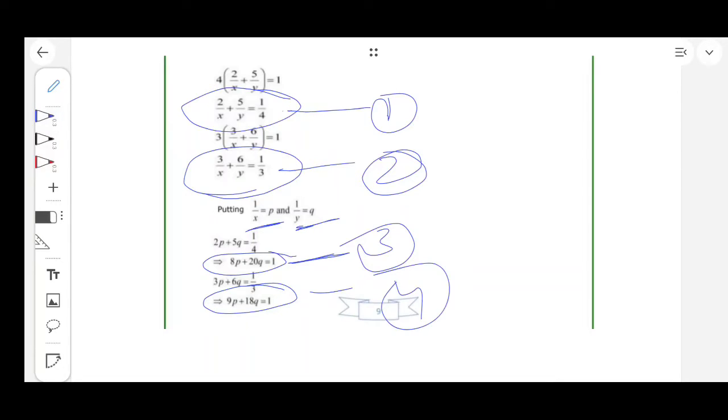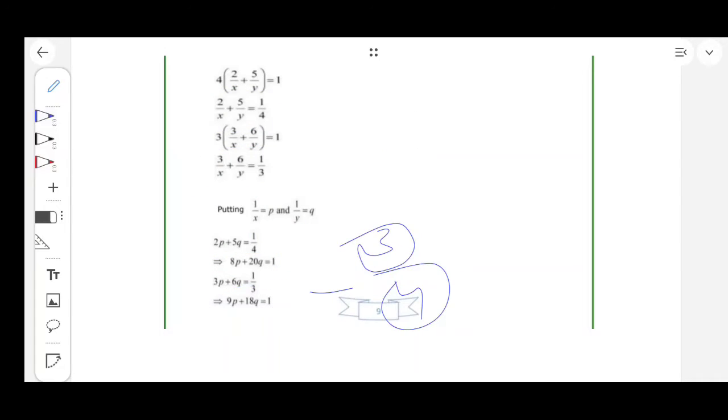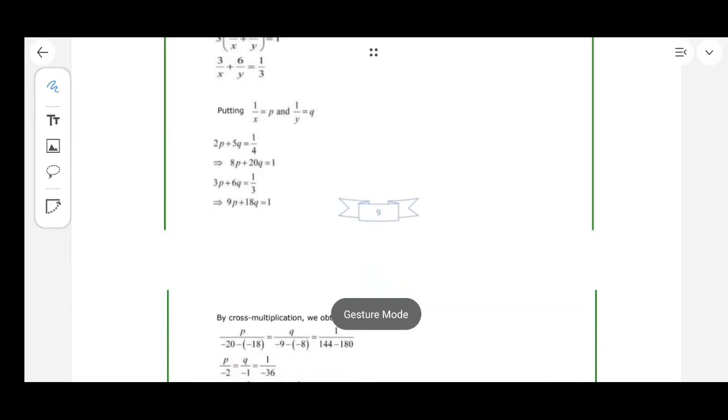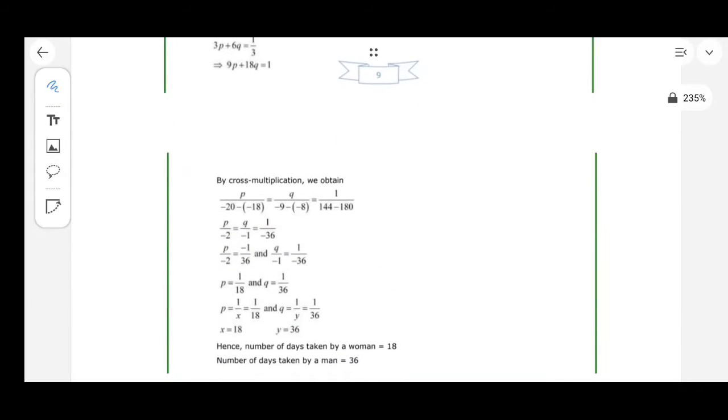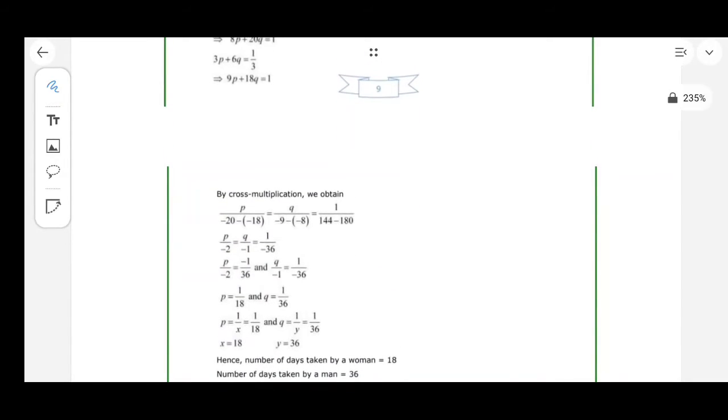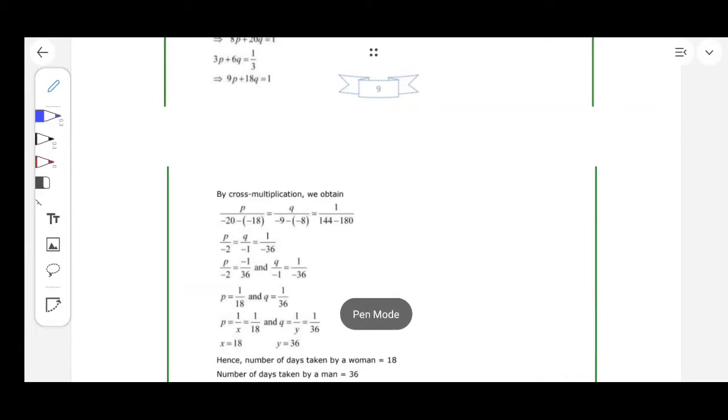Now we can solve these equations using different methods. Let's see, here we could use the cross multiplication method. Let's see the solution. Now before applying the cross multiplication method, I would like to write the formula.